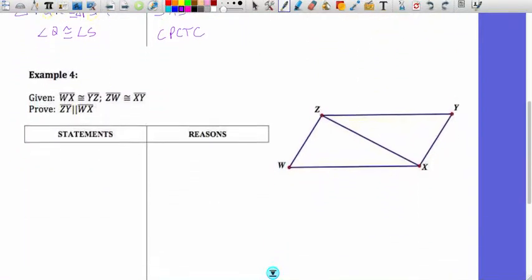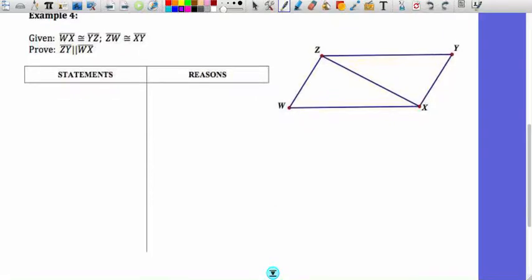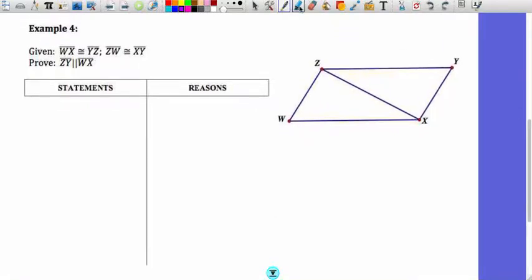Okay, and the final example for the lesson, same process. What we've been asked to prove is that segment ZY is parallel to WX.